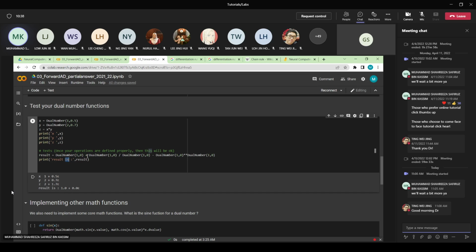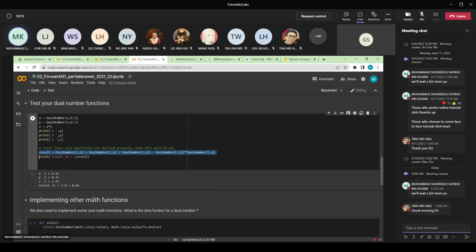So if you have defined the methods in your dual number class properly, there shouldn't be any error for this statement.